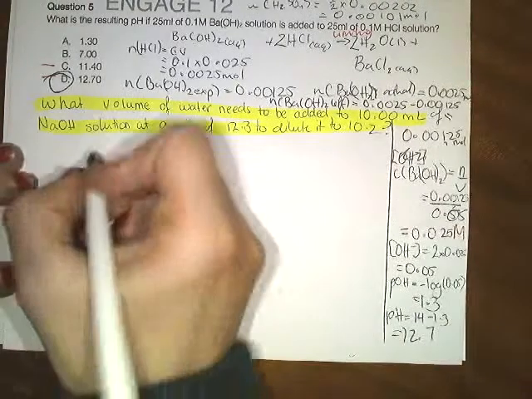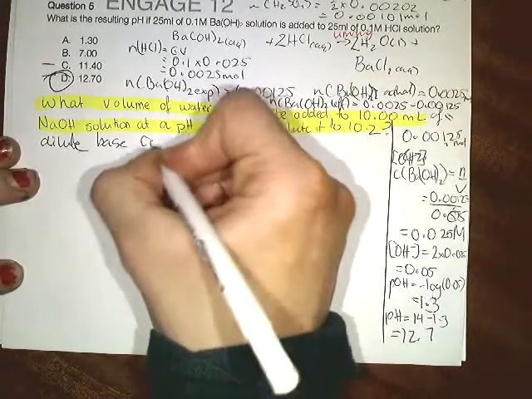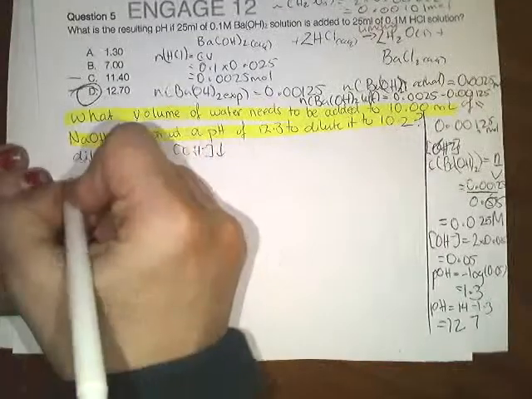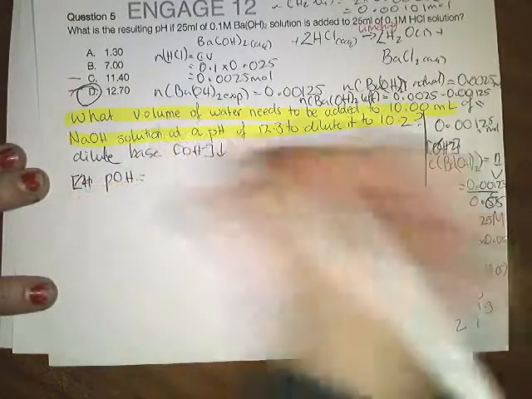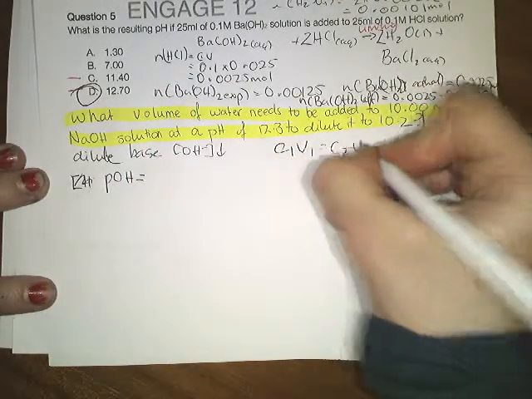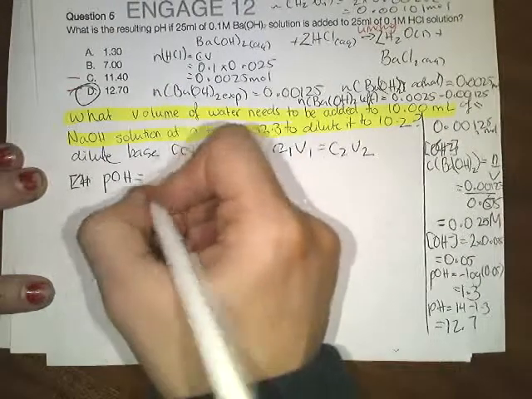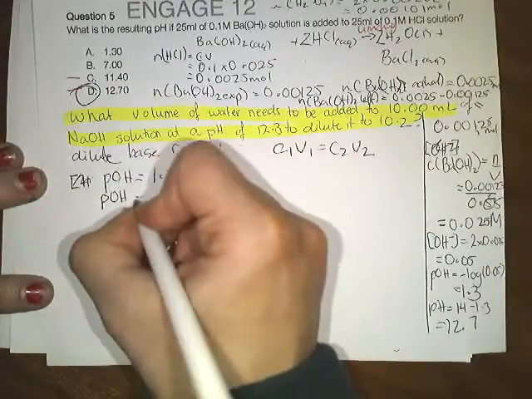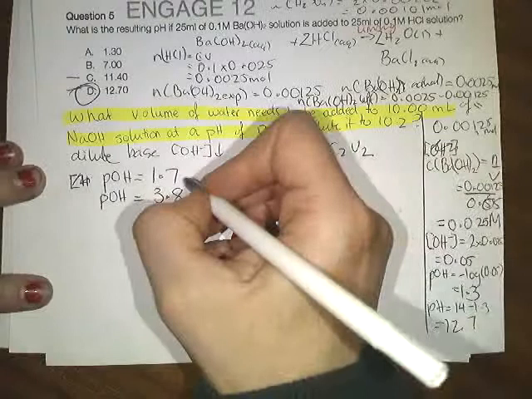Okay, so when you dilute a base, you actually decrease the concentration of OH minus. So we have to work with that. The pOH initially, because we want to use C1V1 equals C2V2, is 14 minus 12.3, which is 1.7. pOH final equals 3.8.